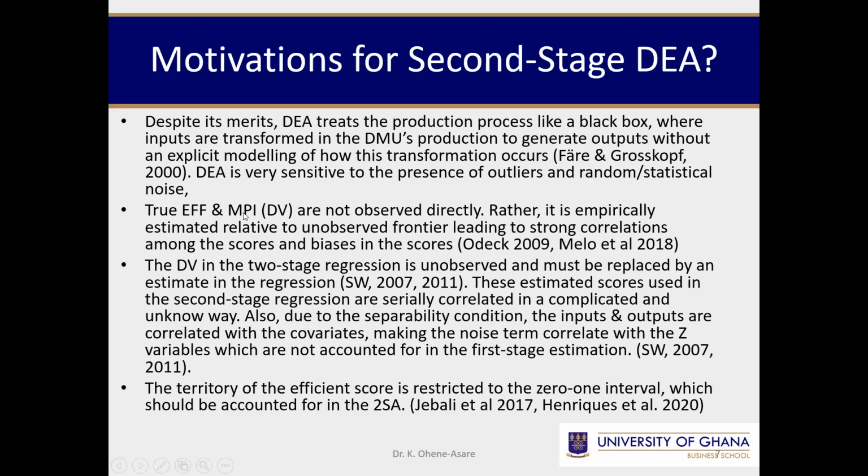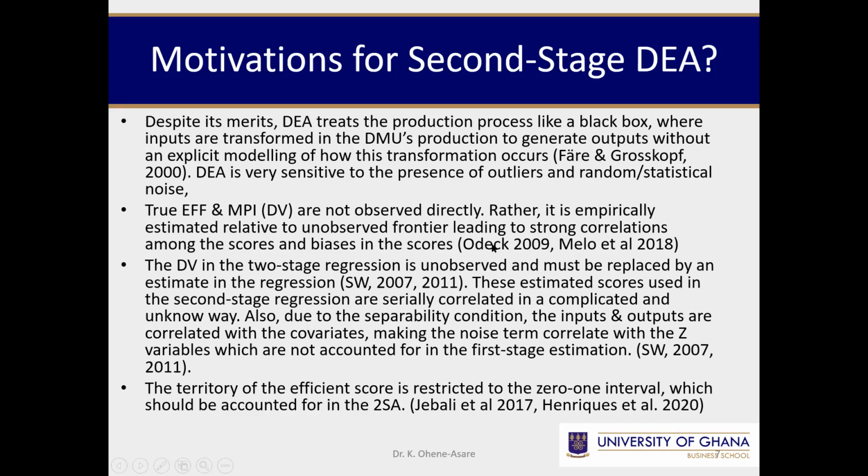So the moment you now use efficiency scores as the dependent variable, remember that inside that score are some correlations, and these correlations have not been removed. And so they bias the scores in the first place. The next thing is that the dependent variable, which is going to be used in the second stage regression, we've already indicated that they are unobserved.